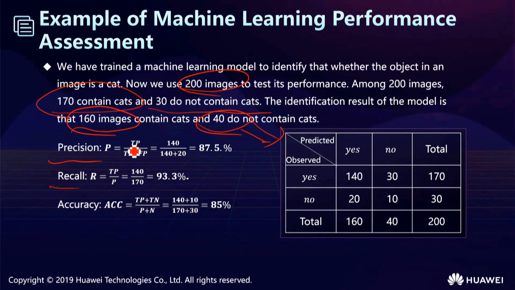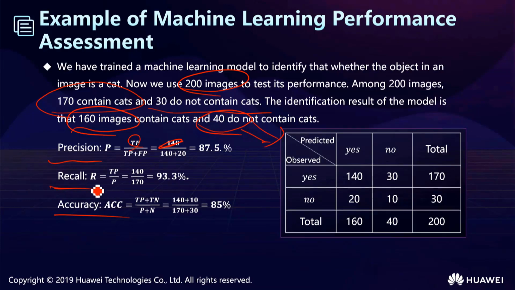If TP means a positive example, it's a cat, and our prediction is also a cat.